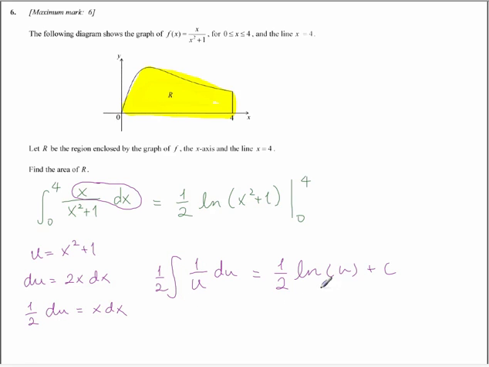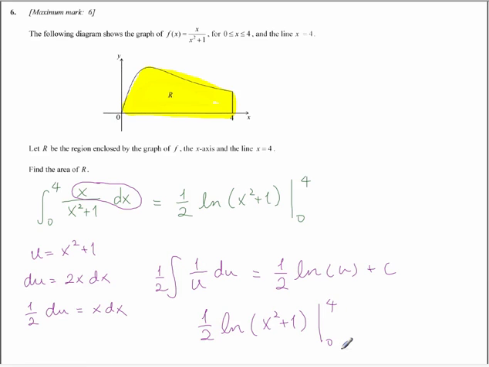And then here, since I've taken the integral of this function, I can replace the u with the original function x squared plus 1. So I can write 1/2 ln of x squared plus 1. And since I'm going back to x, I can put the endpoints there from 0 to 4. And you end up getting to the same place.